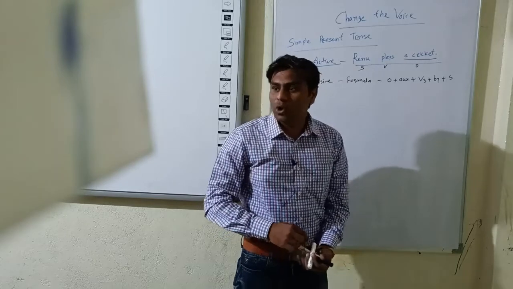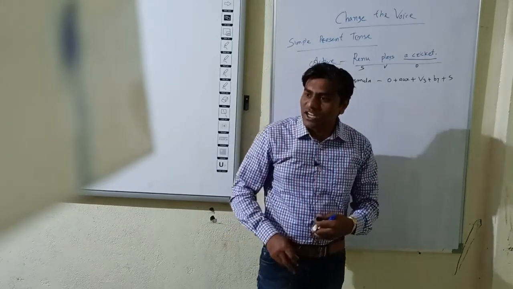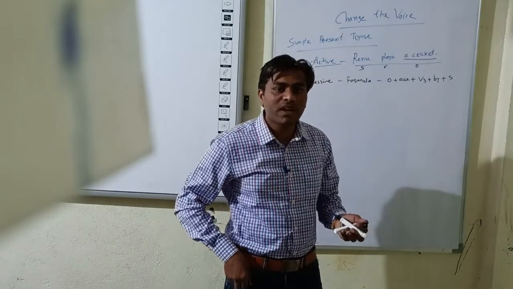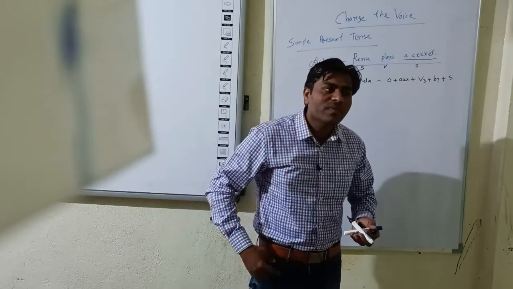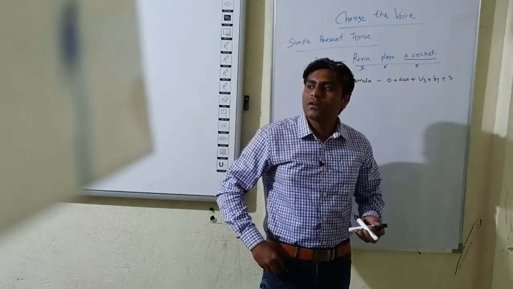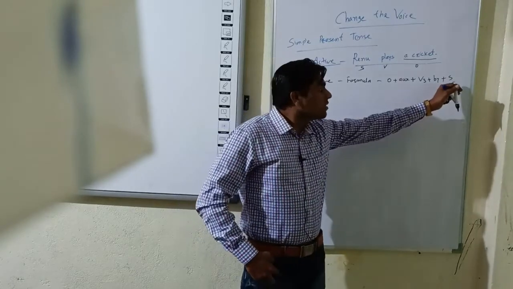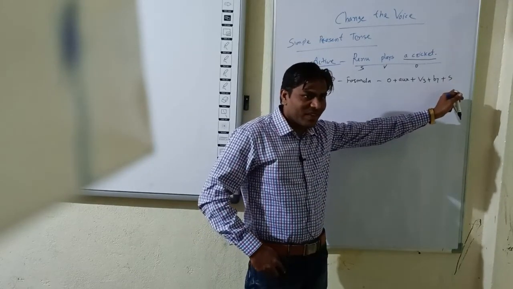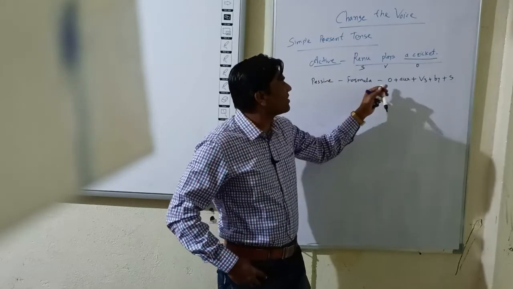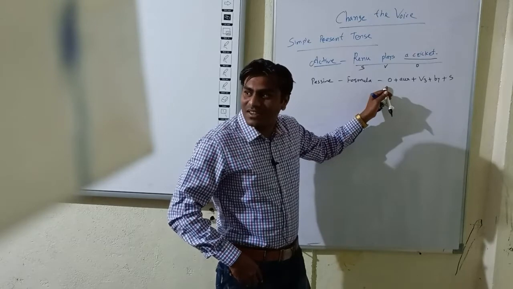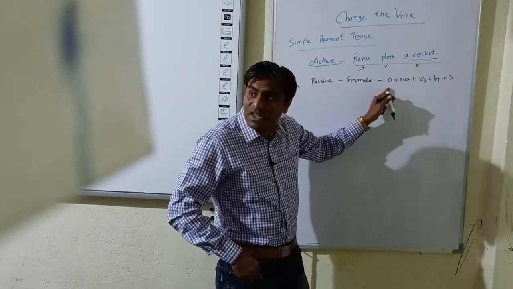The formula is on the board. Object plus auxiliary verb, then V3, then by plus subject. Now it means from the subject, action flows towards the object.